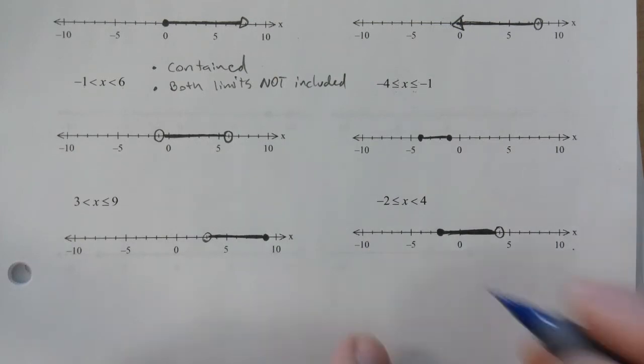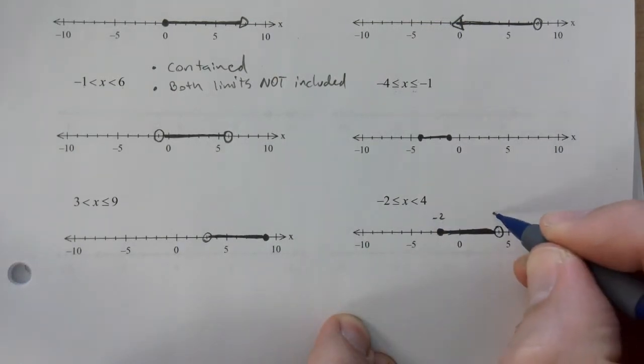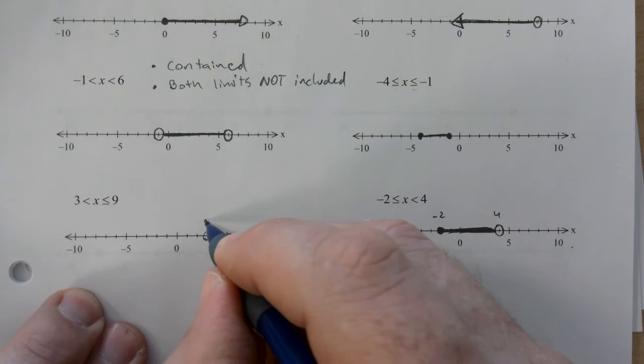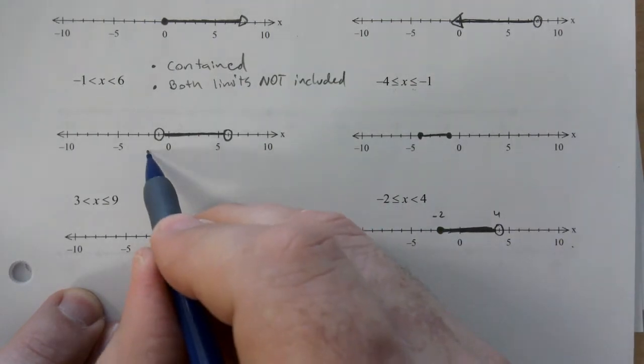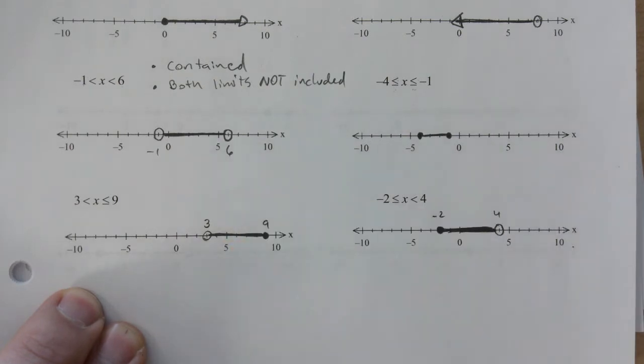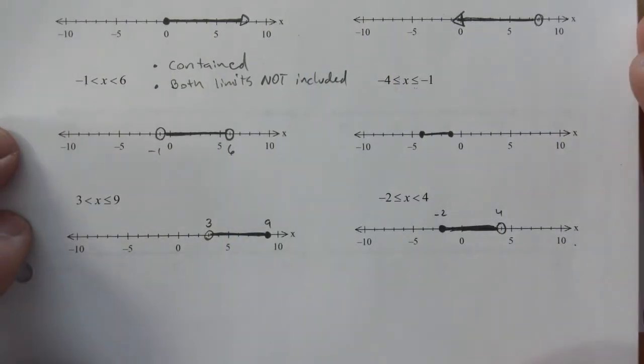Okay, so it's -2 to 4, 3 to 9, right? -1 to 6, and so forth. So I think you get the picture.